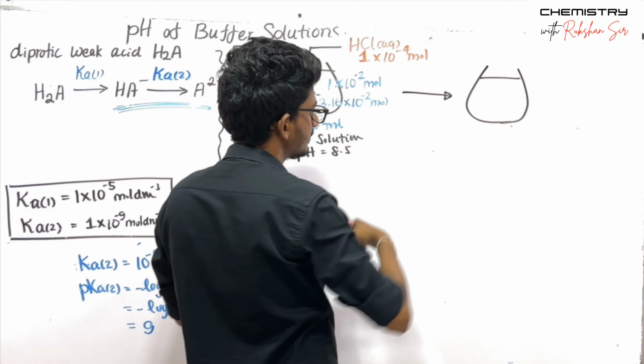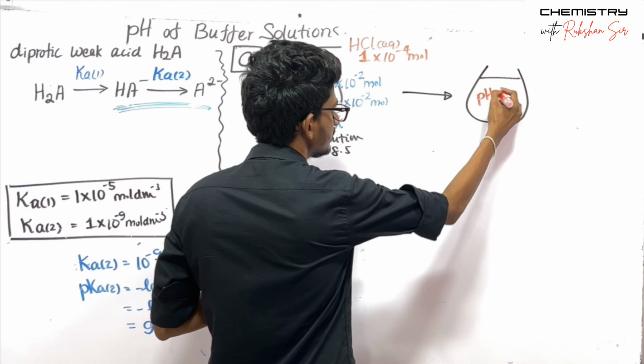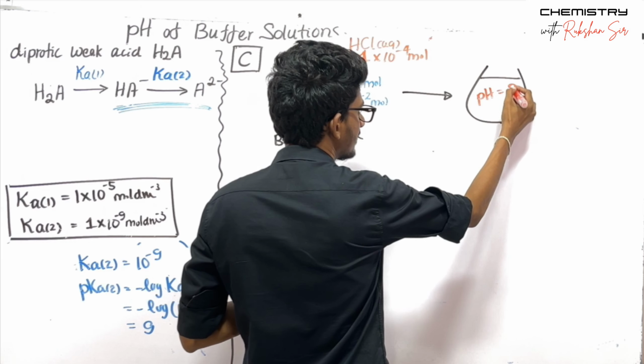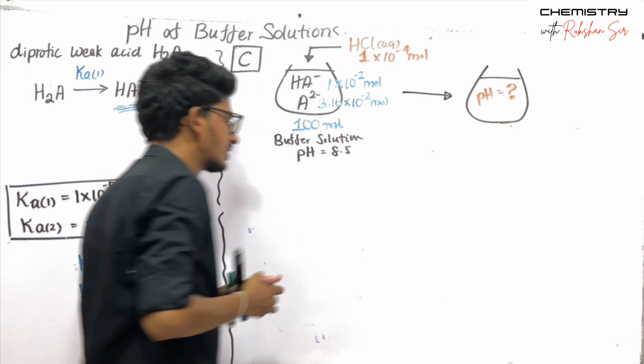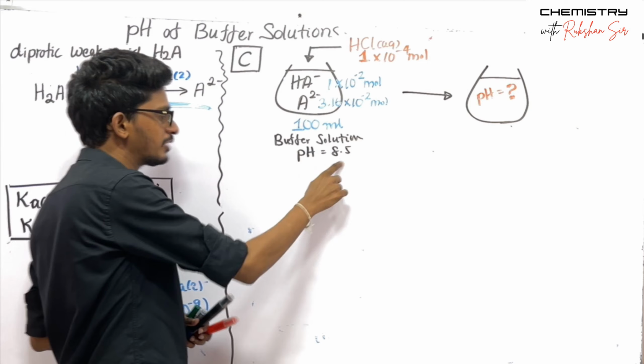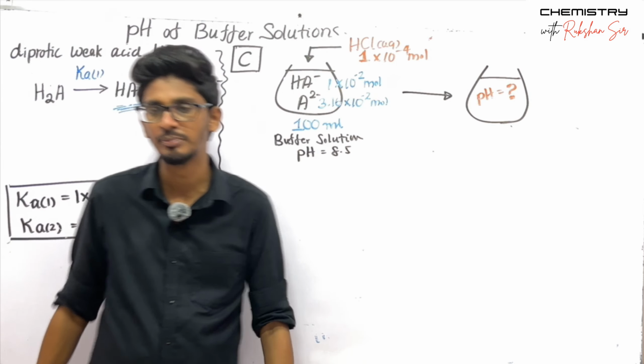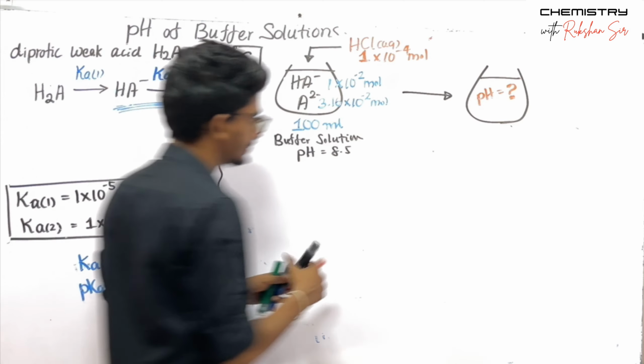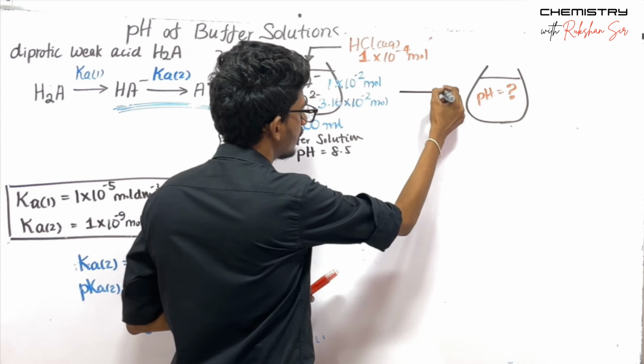We are expecting a negligible change of pH, some value around 8.5. See whether we are able to come up with such a value and prove the buffer action of the solution.